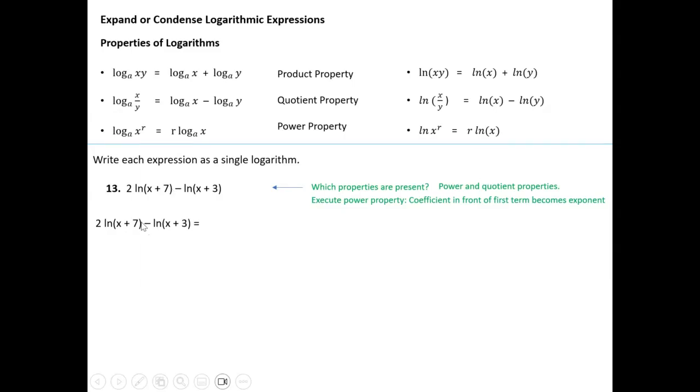Right, so we have to execute the property. The coefficient that's in front becomes your exponent. Now we're going to apply the quotient property, right? If it's subtraction, it's going to be division under 1 natural log. This is my answer, guys, right there.